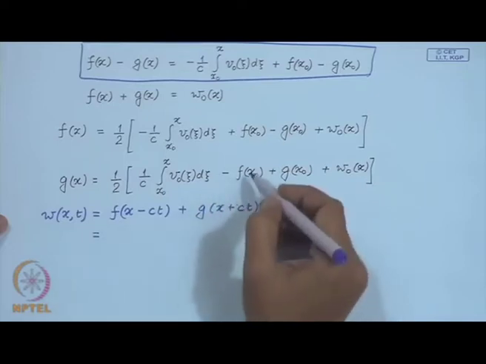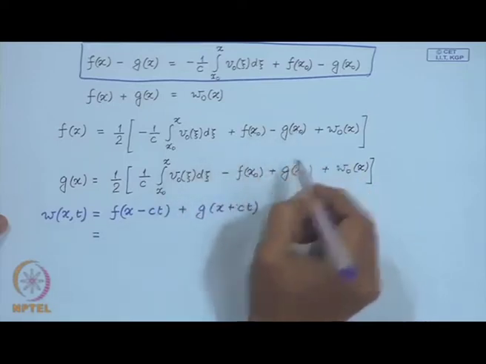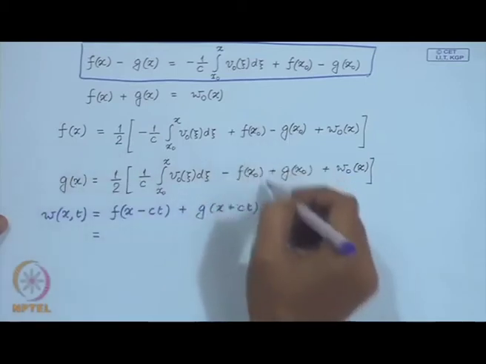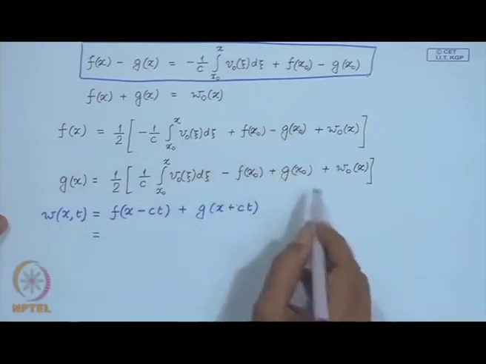These are independent of x, so when we add these two, they will get cancelled.